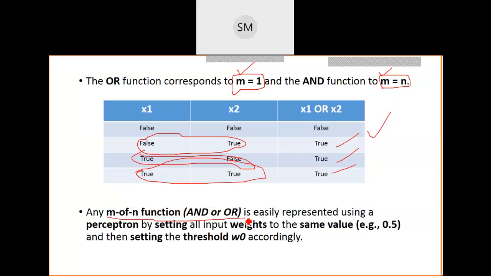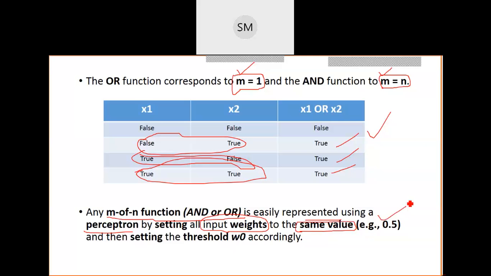Because of this nature, any of these Boolean functions which are M of N functions, AND and OR, are easily represented using the perceptron. There is no difficulty. How can we represent these functions with the help of a perceptron? By setting or assigning some values, some input weights. Some values we have to assign to these weights, and that value should be the same, that is 0.5.